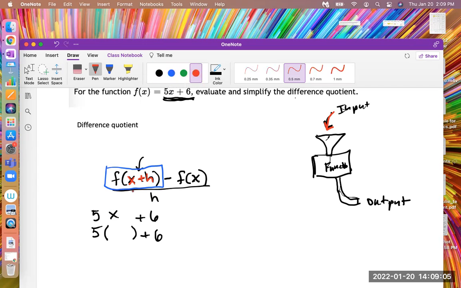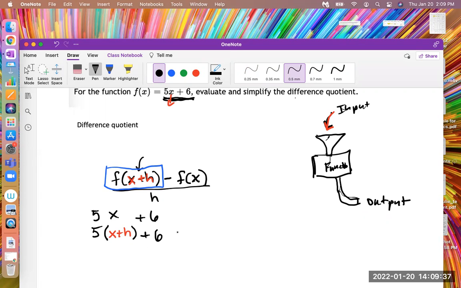That is x plus h, right where the x was in this equation. Now the f of x plus h looks like this: the x plus h, the input, has gone into the function and has replaced the x value in the function.